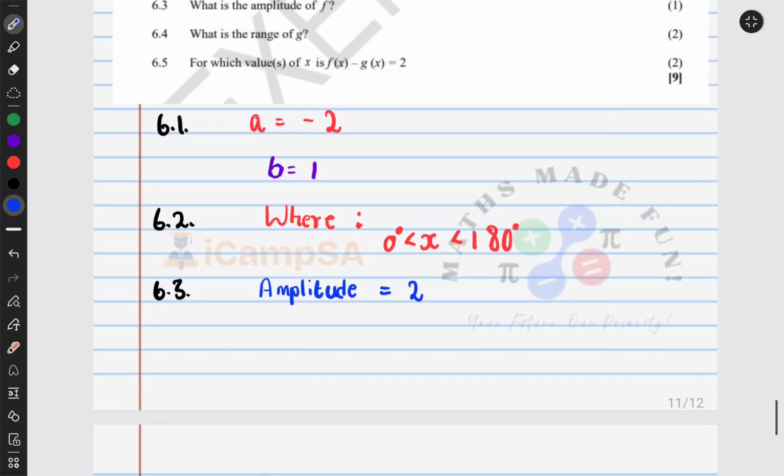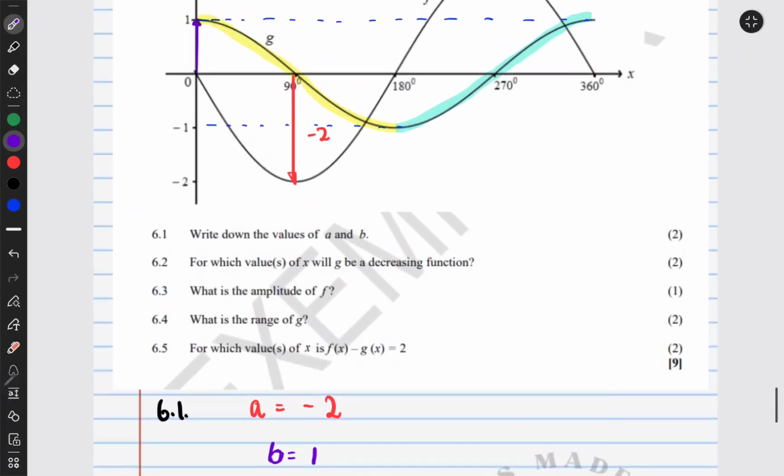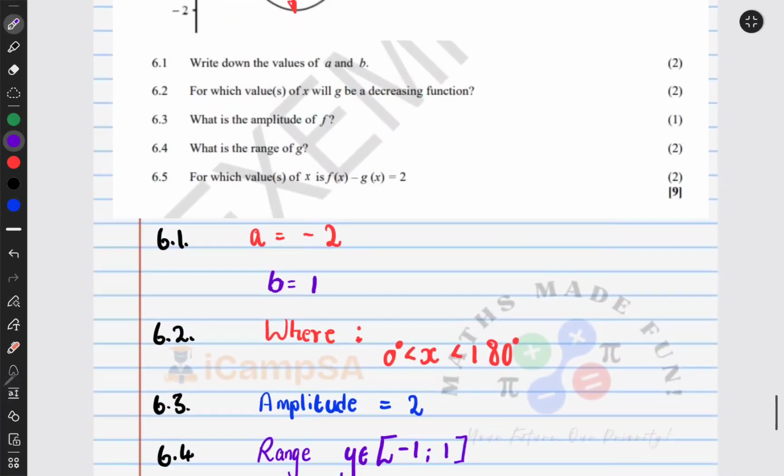So we say the range of g for 6.4, looking at the y values, y is an element from -1 to +1. That's the minimum and the maximum.